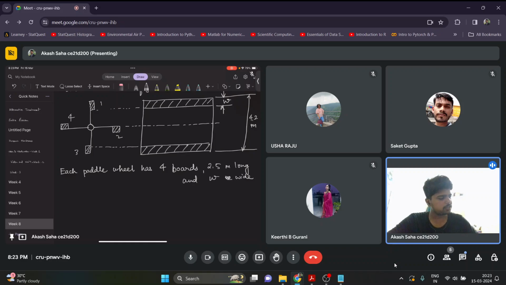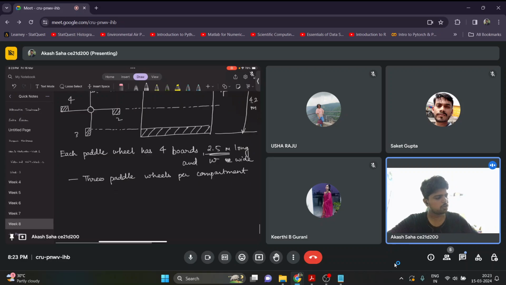So this is my width W and 2.5 meter long. It is given in the question. And there are 3 paddle wheels per compartment. So now we have to find out this width W.